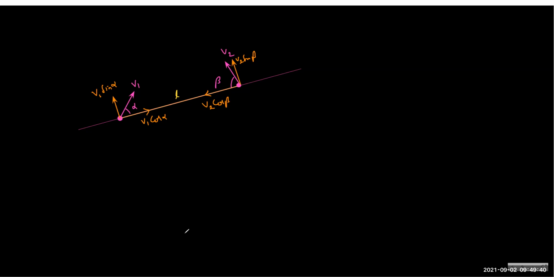So we want to know at what rate the separation will diminish. So what we can say? What is the velocity of approach of these two particles? At what rate are they coming to each other? Minus dL by dt.